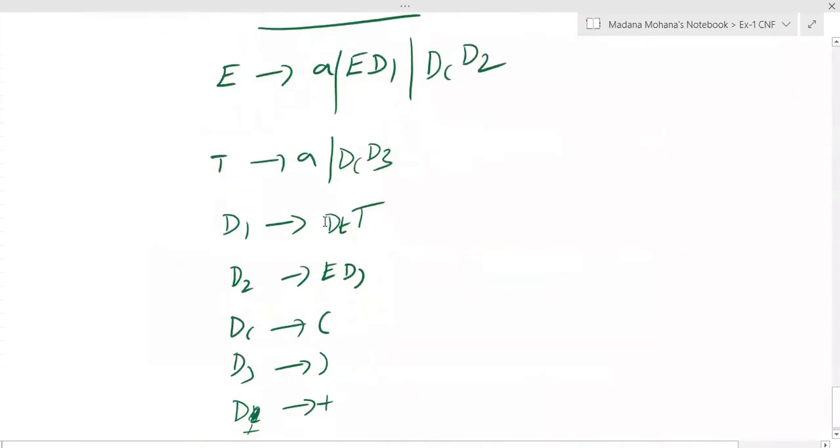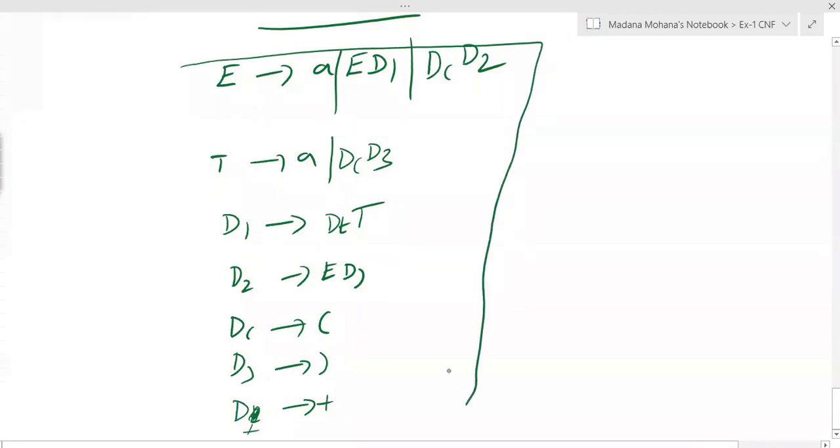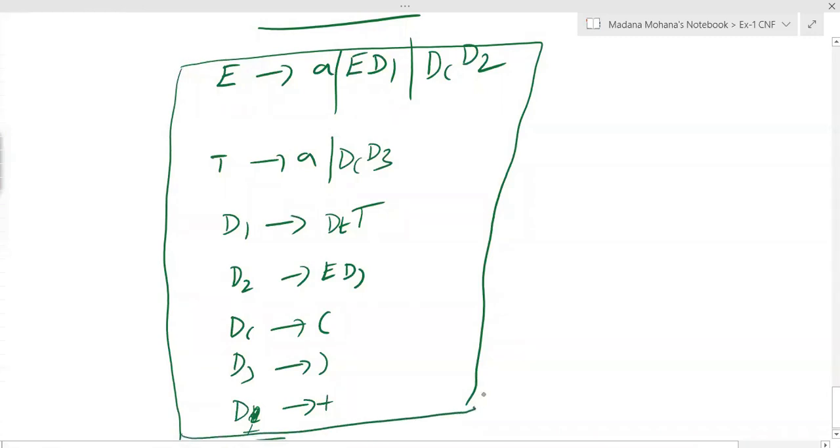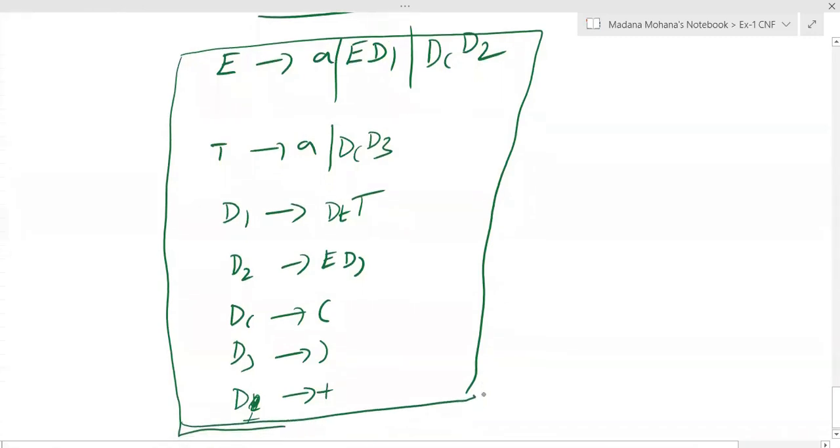Then check for any missing variables and productions. Now you can verify all variable productions are covered here. Now you can check finally that all the productions are in the form of two variables length or a single terminal.